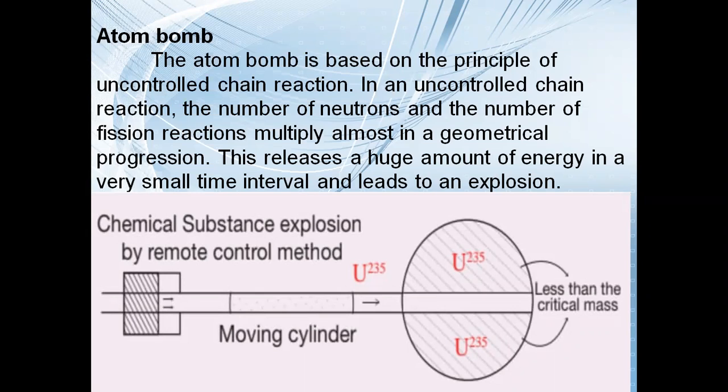So this is the structure of the atom bomb. This atom bomb consists of a piece of fissile material. This mass is subcritical. This piece has a cylindrical void.